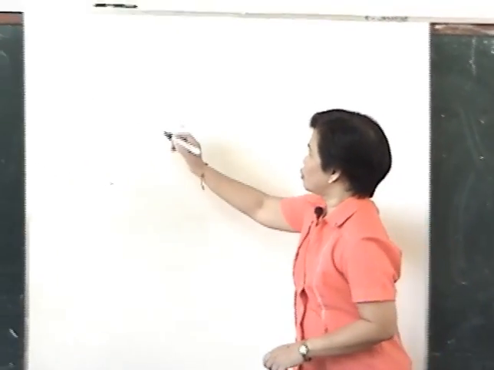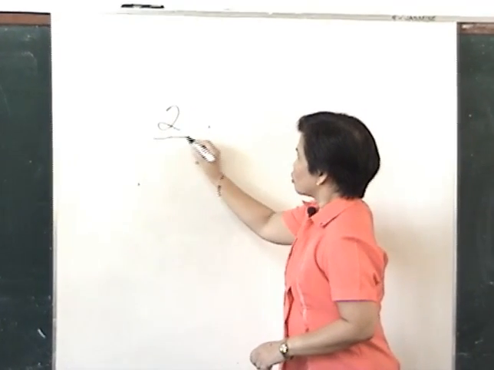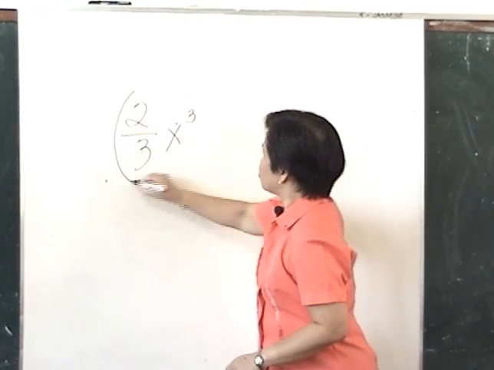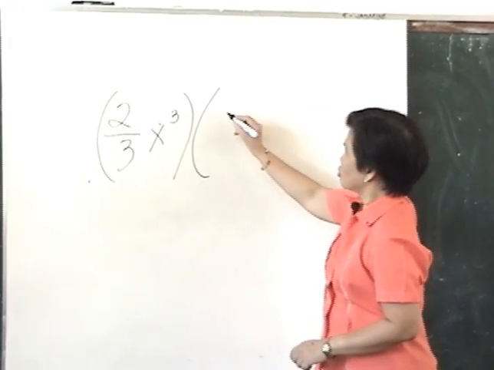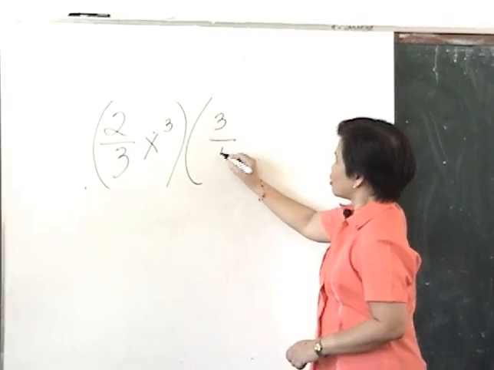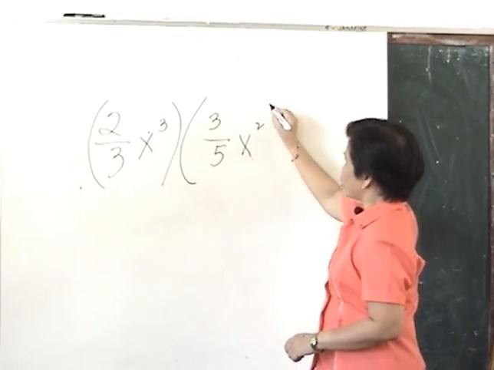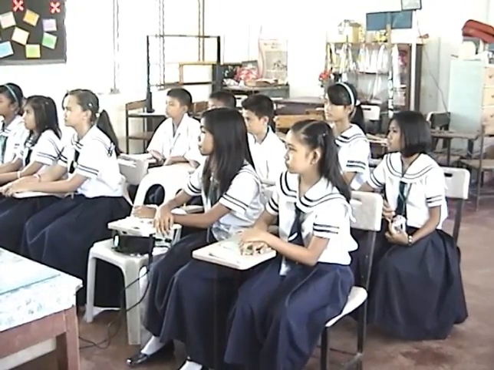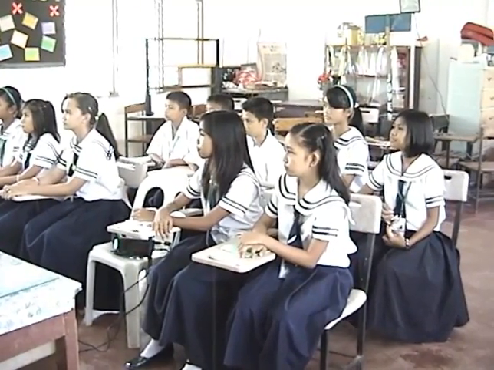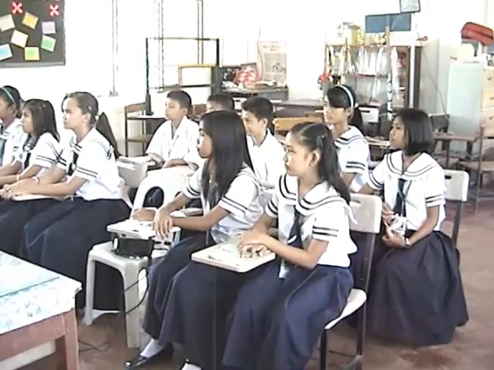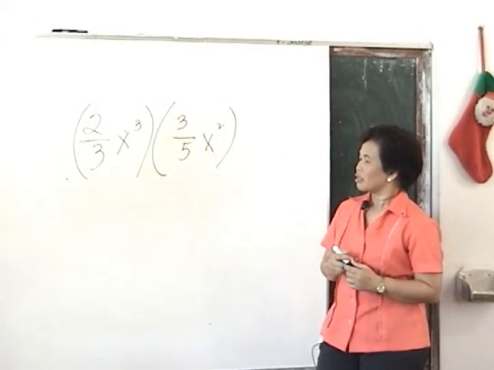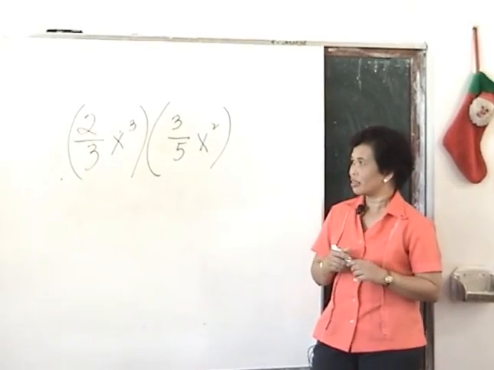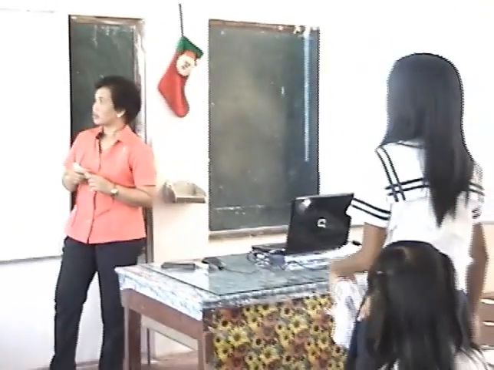Okay, let me show you an example. 2/3 x cubed times 3/5 x squared. We can apply the cancellation method. So, we have to cancel the common factors. And what is the common factor, Joy? The common factor is 3.